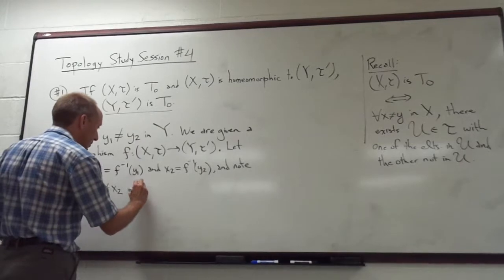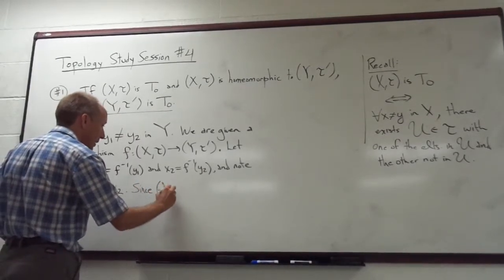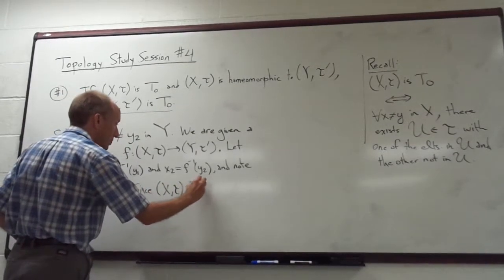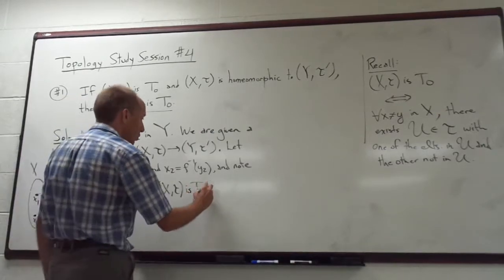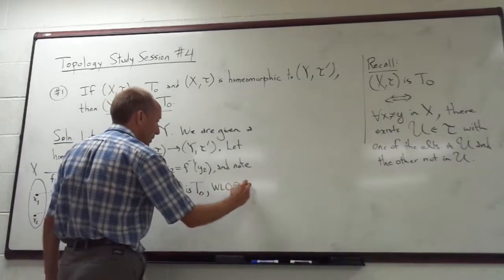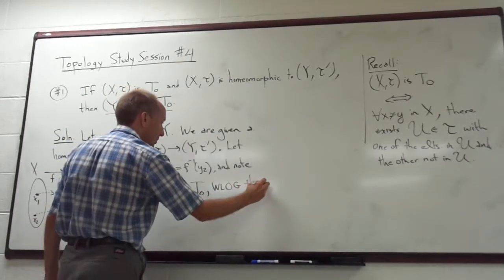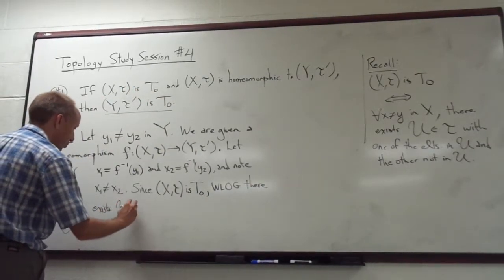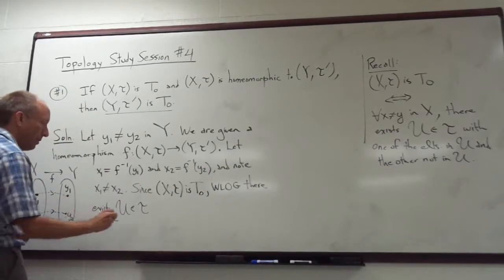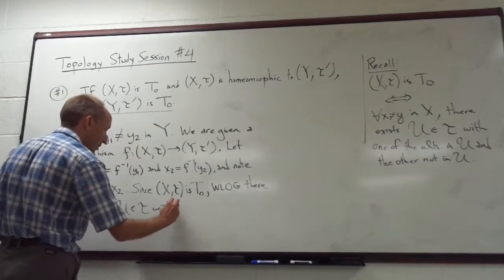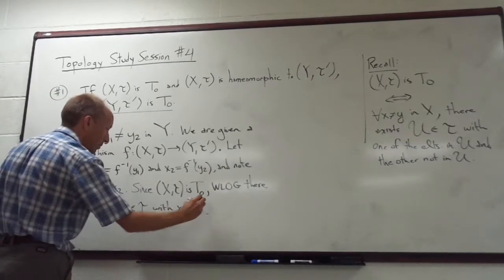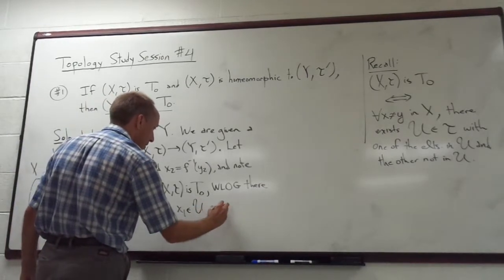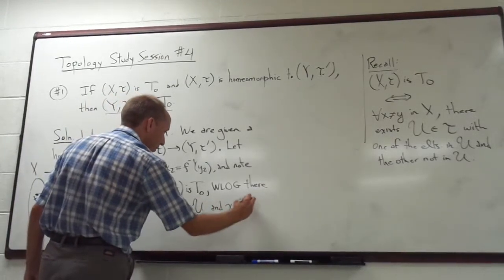Okay, very good. So since (X, tau) is T0, without loss of generality, there exists a U in tau with x1 an element of U and x2 not an element of U.